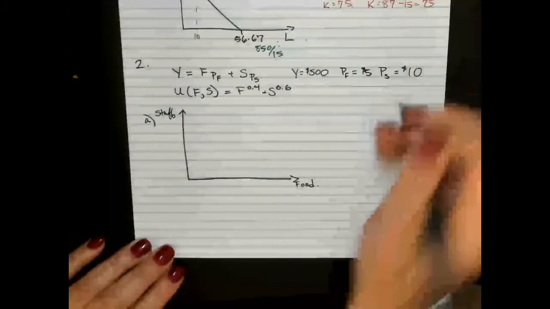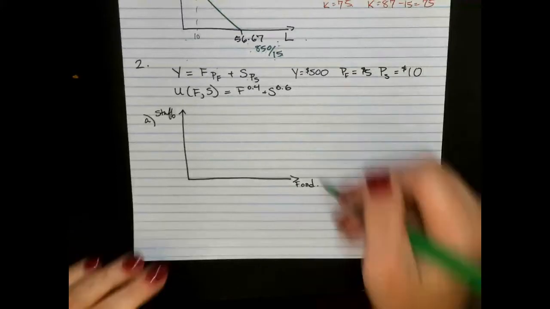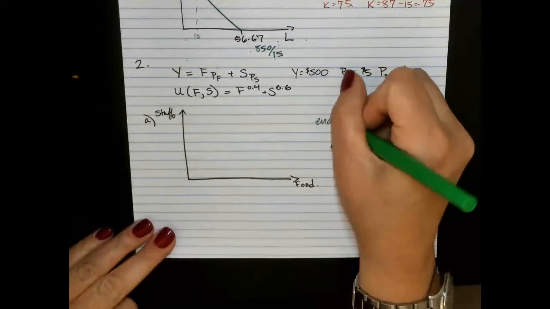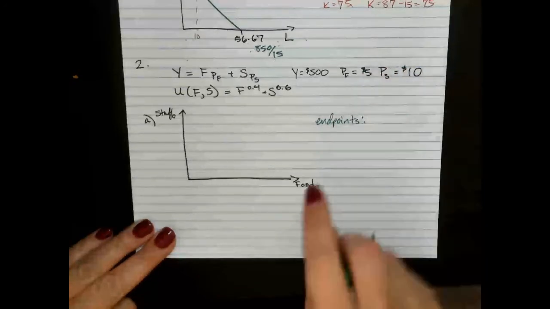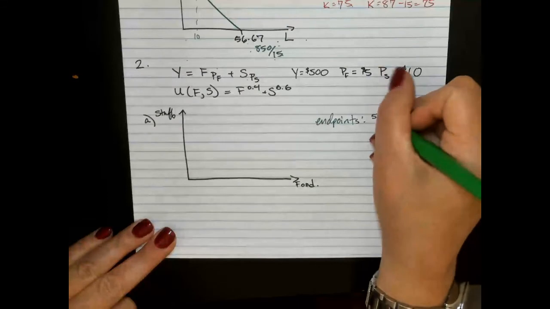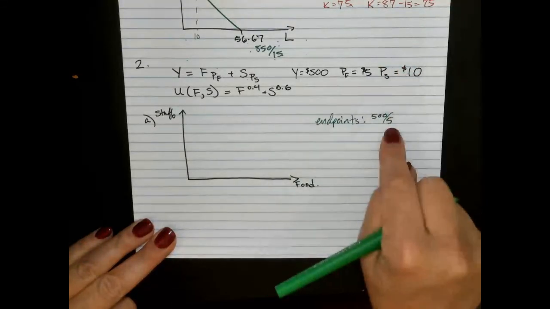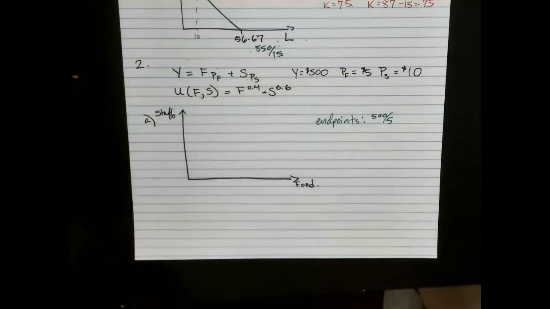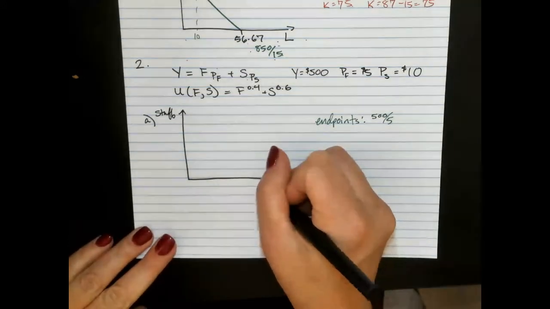And then again, we're going to calculate those endpoints, and those endpoints are given by how much food she could buy if she spent her entire income on food. Since her income is $500, if she spent all of it on food, 500 divided by 5 gives us total consumption of food of 100 units.